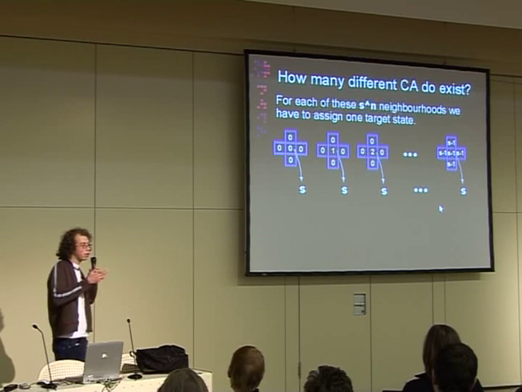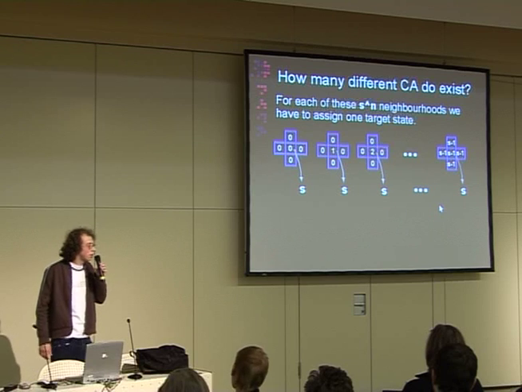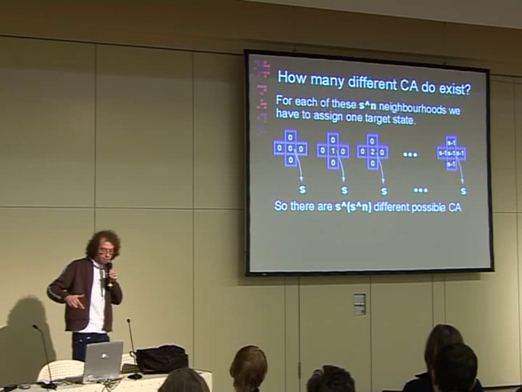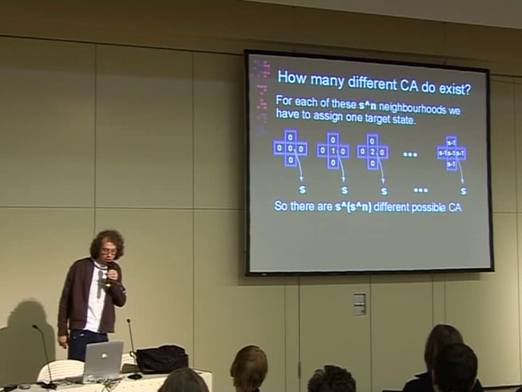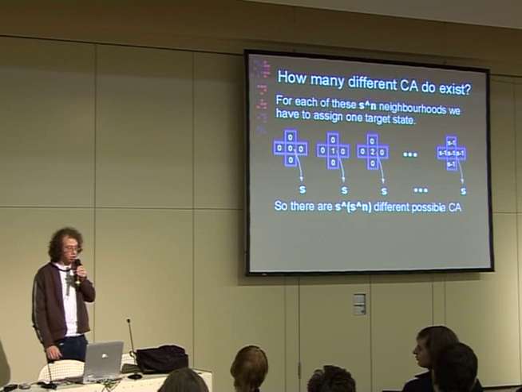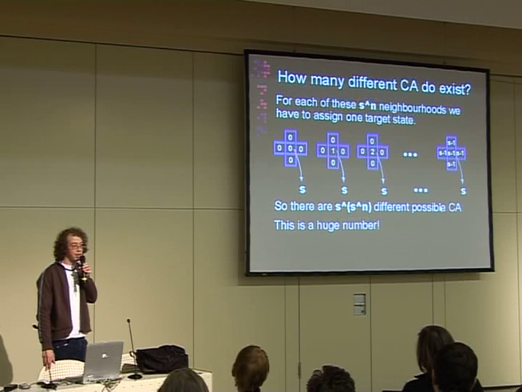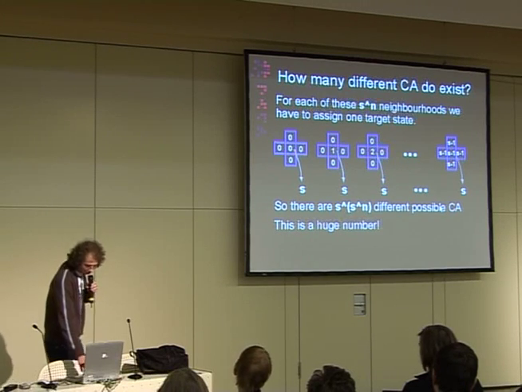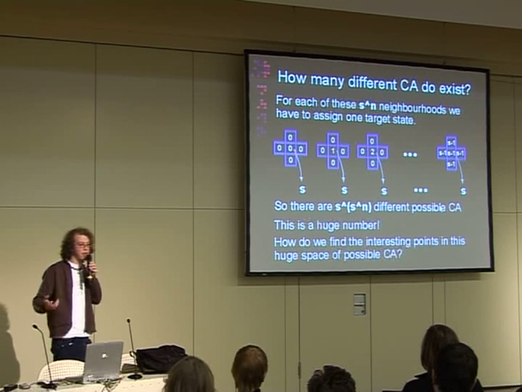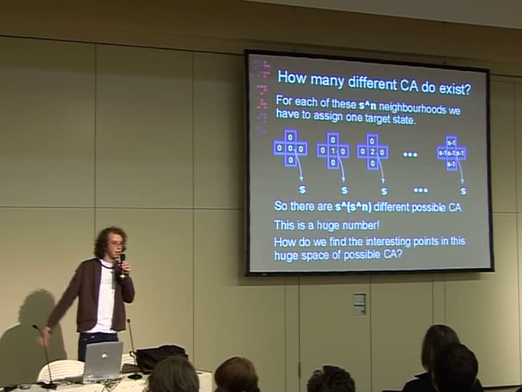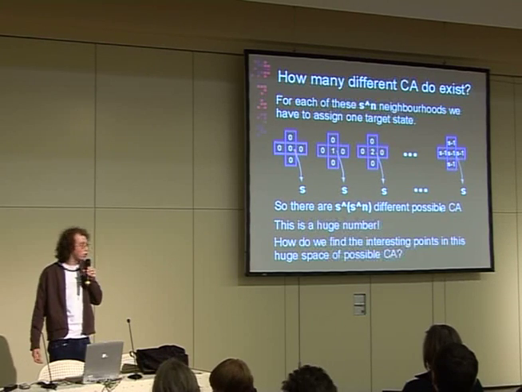Completely analogous to how we calculated the number of neighborhoods, we get that there are S to the power of S to the nth different possible cellular automata. And this is a huge number. The question is, how do we find the interesting cellular automata in this huge space of possible cellular automata?